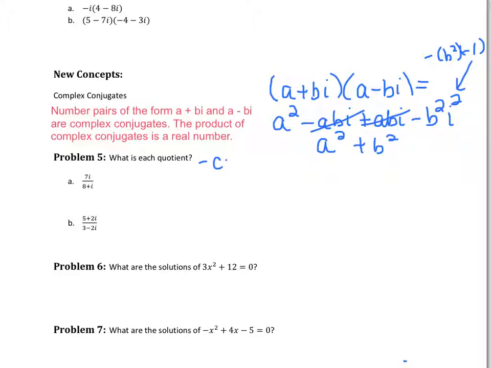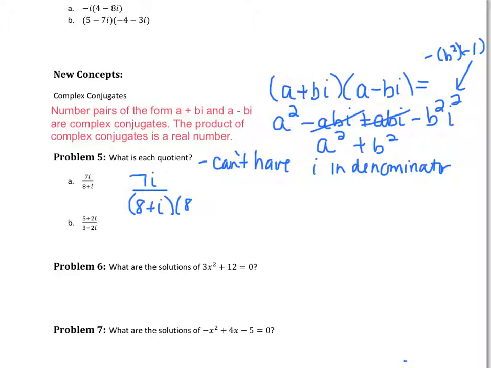So make a note: can't have I in your denominator. To get rid of the I, we multiply top and bottom by the conjugate of the denominator. So we're going to multiply the top and bottom by 8 minus I.